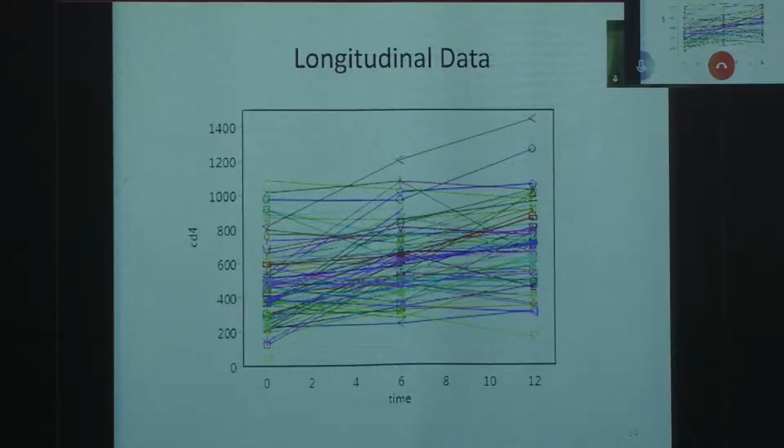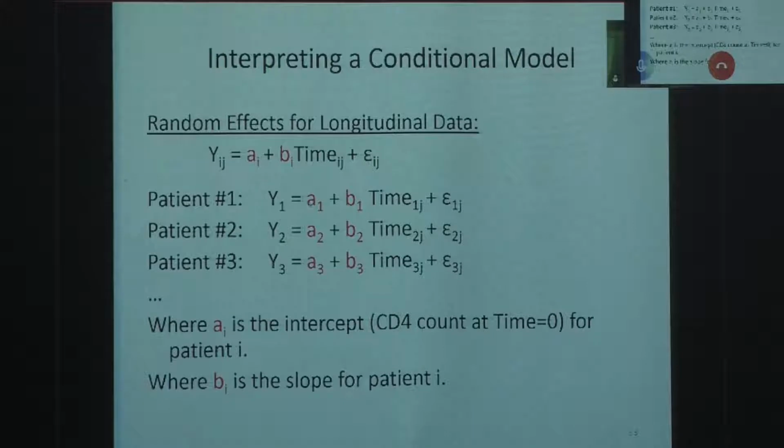Those are my A_i's. And each person has a different slope. Those are the B_i's. So when I run this model, I won't have one slope telling me how time affects CD4 count. If there's 103 people in this database, there will be 103 slopes, and there'll be 103 intercepts. Everybody has their own personal model.